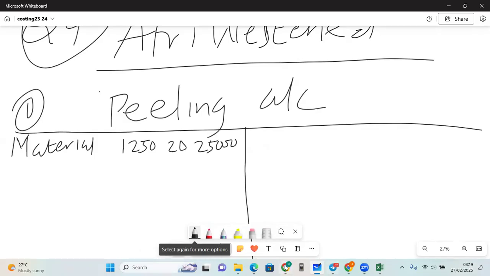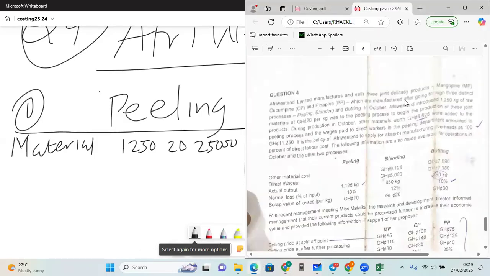In addition, he said that during production in October, other materials worth 6,625 were bought.